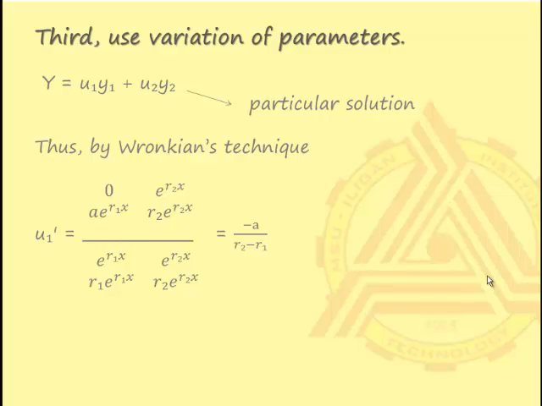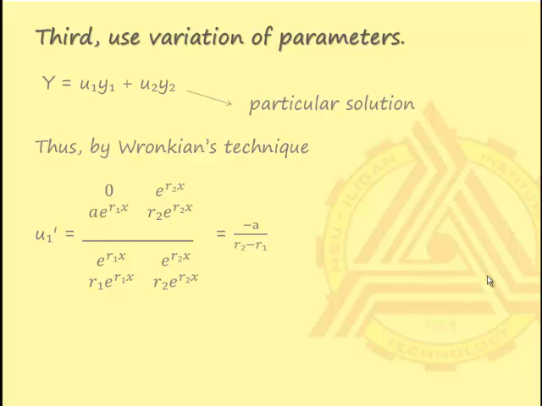Thus, by the Wronskian technique, to find u1 prime we have this equation, where 0 and a e to the power of R1x, our function in the non-homogeneous equation, are in the numerator. Then we have e to the power of R2x, that is our y2, and its first derivative R2 e to the power of R2x, over e to the power of R1x, that is our y1, and R1 e to the power of R1x is our y1 prime, and so on.